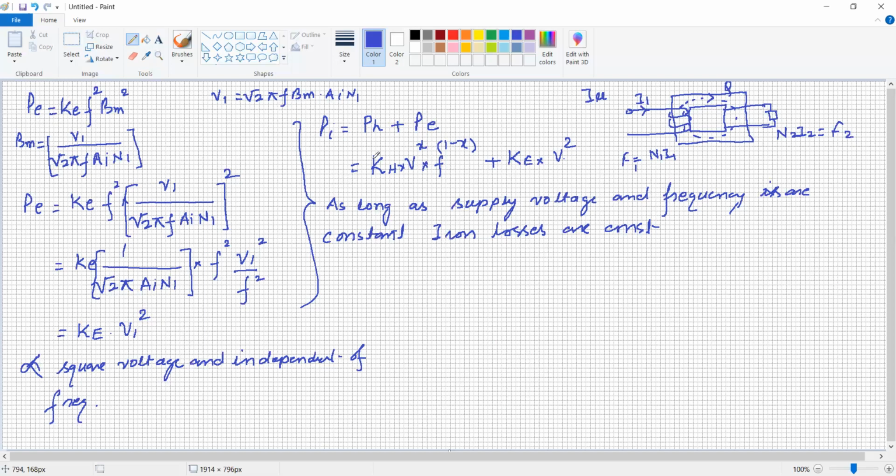So these are the details of the iron losses, whereas the copper losses we have already discussed. The copper loss is the loss taking place in the windings R1 and R2, where the currents are I1 and I2.